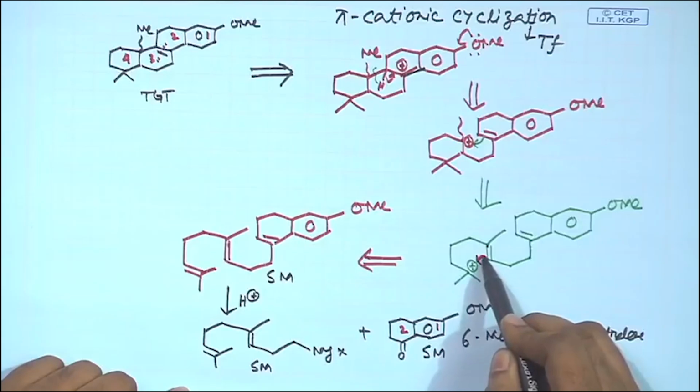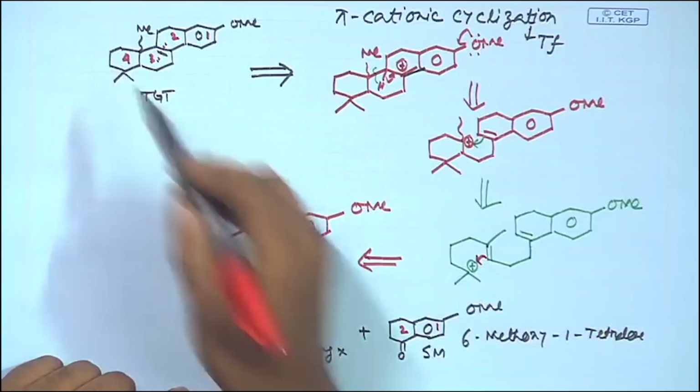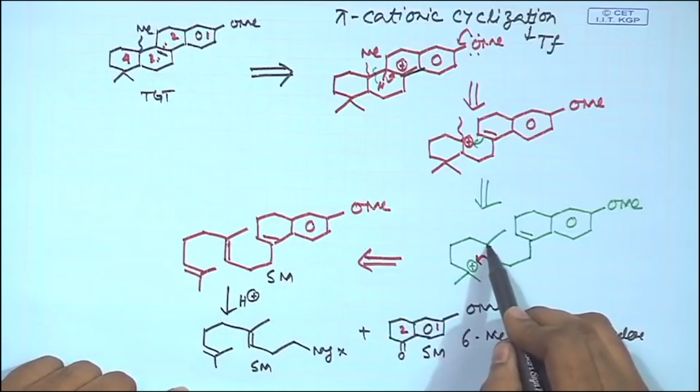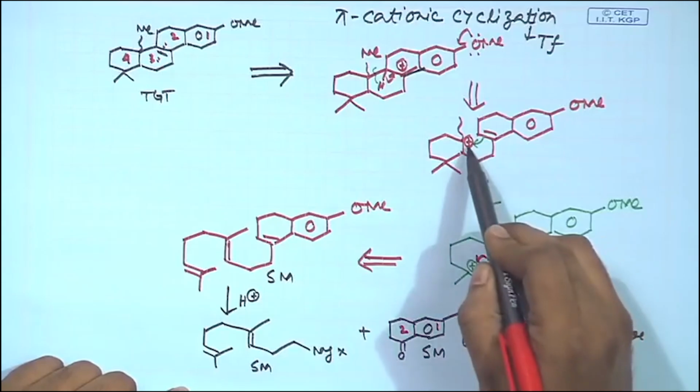Then this 3 degree carbocation, you get this particular pi olefinic unsaturation. It will try to react in this way to give you the ring 4. The ring 4 is this one, and you have a newly generated carbonium ion which is again a 3 degree. Okay, this one.